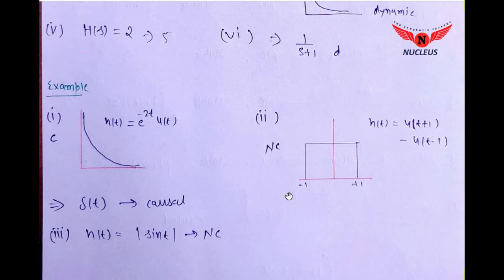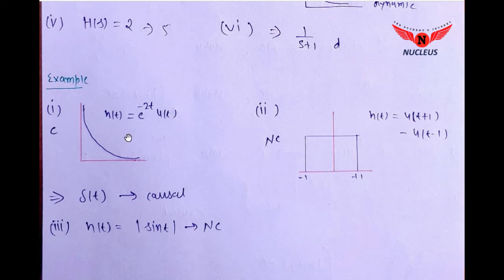Let's take another example. In this example, h(t) is equal to e to the power minus 2t u(t), so this function is causal. For causality, we can see that h(t) is 0 when t is less than 0. From this diagram you can see h(t) is 0 for t less than 0, so this is causal.